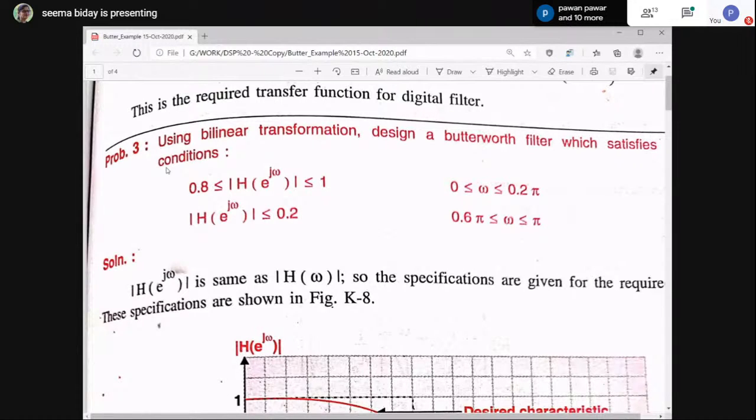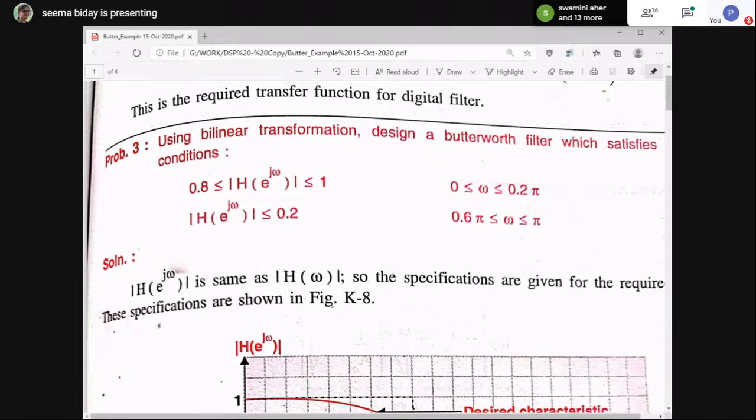Using bilinear transformation, design a Butterworth filter which satisfies the conditions 0.8 less than or equal to magnitude of H(e^jω) less than or equal to 1 in the range 0 to 0.2π, where small w lies between 0 to 0.2π, and magnitude of H(ω) is less than or equal to 0.2 in the range 0.6π to π.